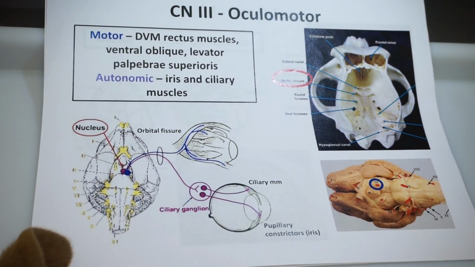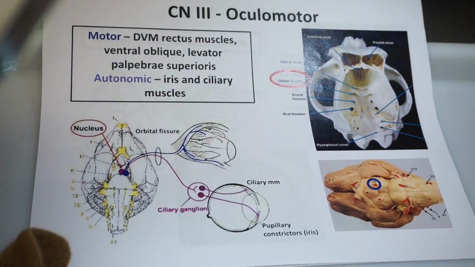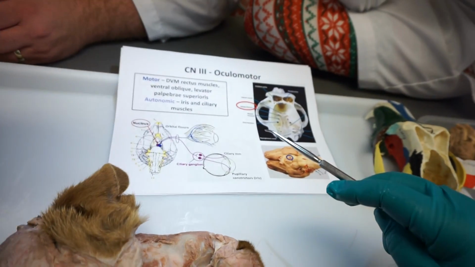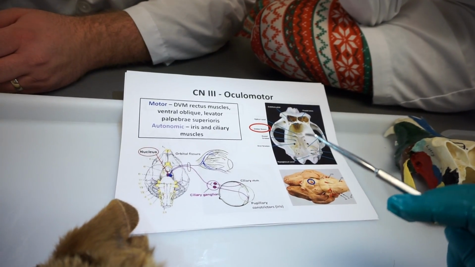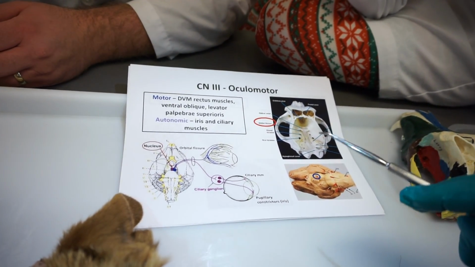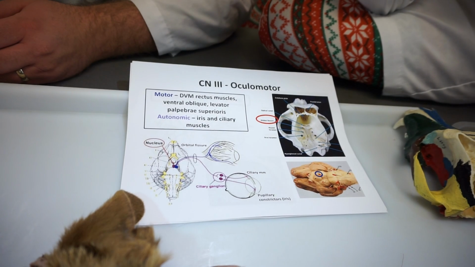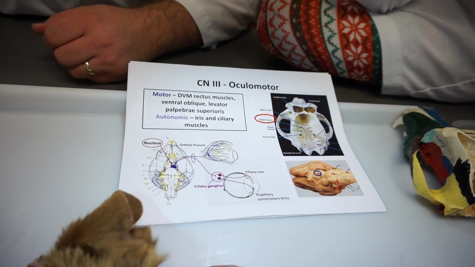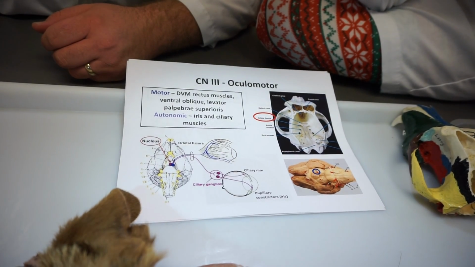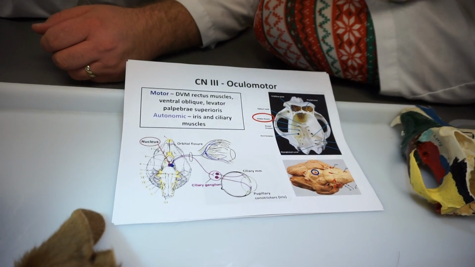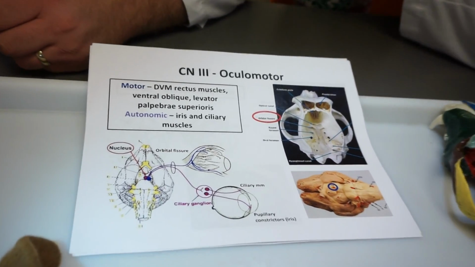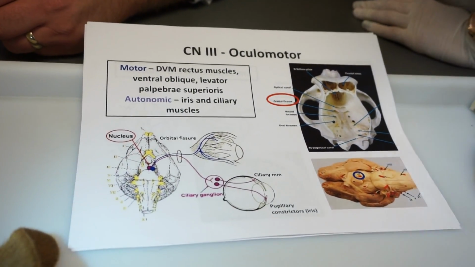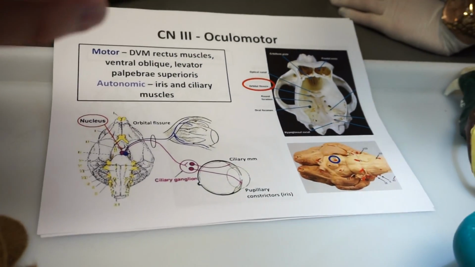It's motor to the extraocular muscles, in particular what we refer to as DVM rectus, dorsal, medial, and ventral rectus muscles, the ventral oblique, and the levator palpebrae superioris. So the oculomotor will be motor to most of those extraocular muscles, and it's autonomic to the iris and ciliary body and its fibers.